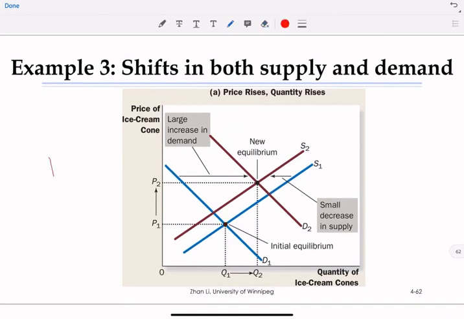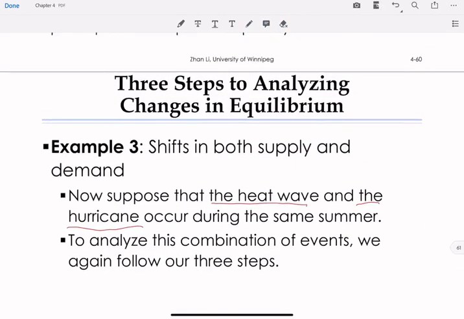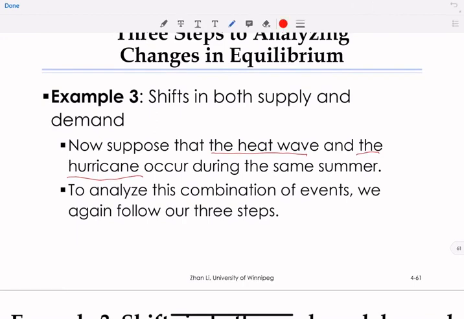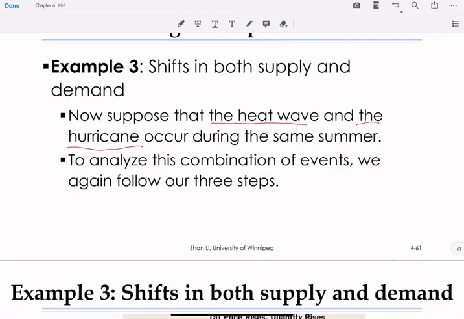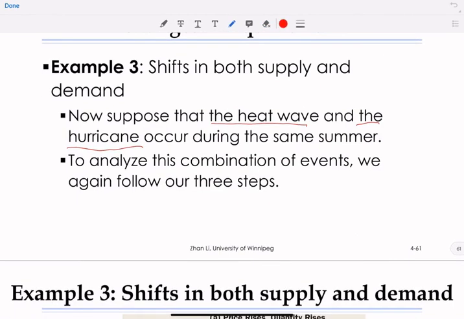So we know that due to heat wave, demand will actually increase. So let me write it here.